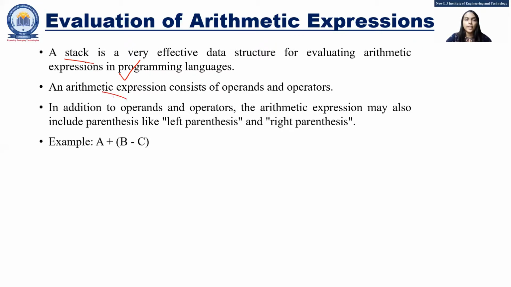An arithmetic expression basically consists of operands and operators. So what are operands, students? If I say A plus B, A and B are the operands and plus is the operator which works on these operands.